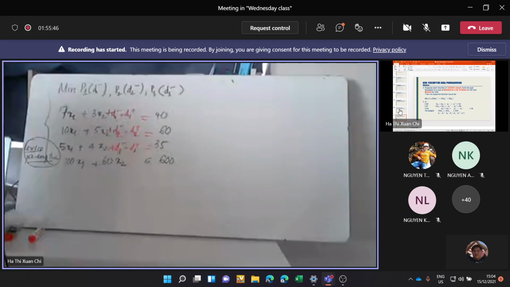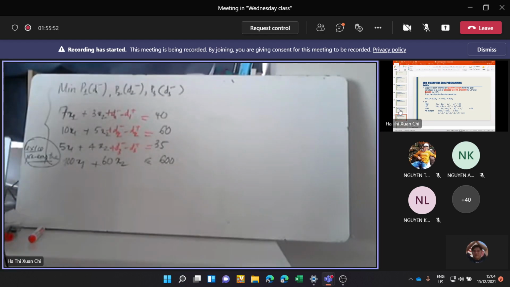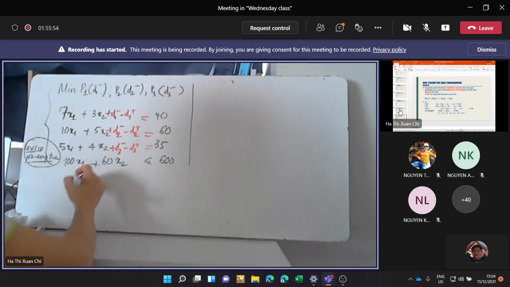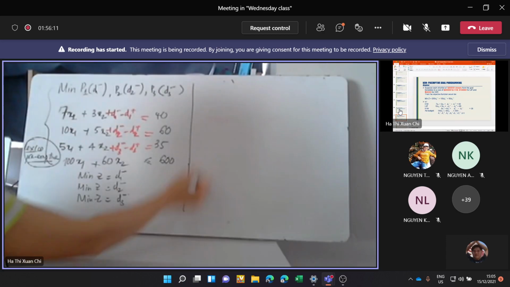So if we add the information here, for preemptive, we solve the problem with min z equal d1 minus, and after that z will be equal d2 minus, and z equal to d3 minus, right? That is lexical.